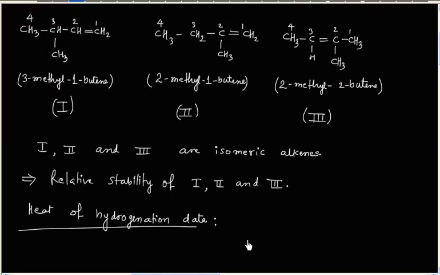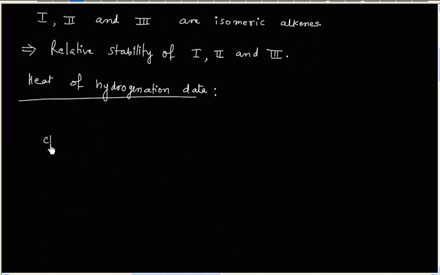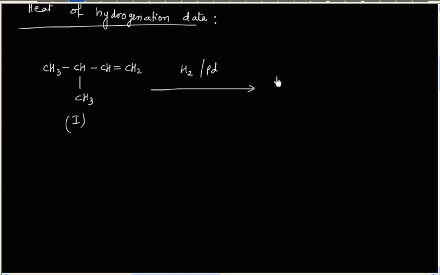If I hydrogenate 1, that is 3-methyl 1-butene, in the presence of hydrogen and nickel or platinum, this molecule can be hydrogenated and this will give alkane.